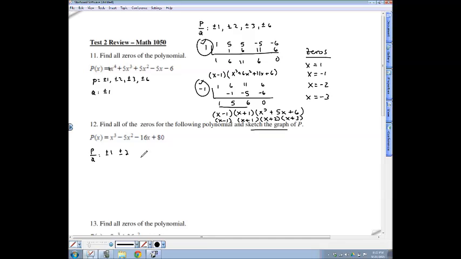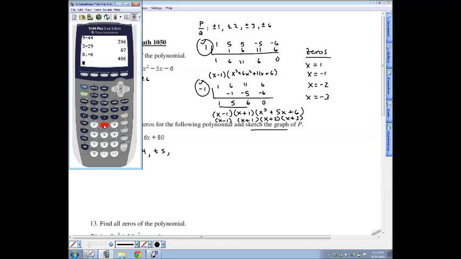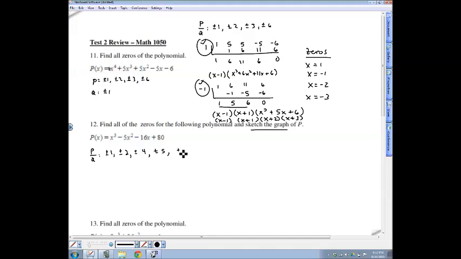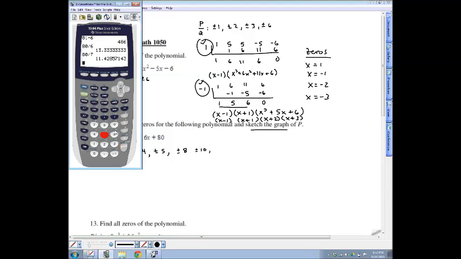We're going to have plus or minus 2. 3 doesn't go into 80. 4 goes into 80. 5 goes into 80. I don't believe 6 goes into 80. Or 7. 8 goes into 80. 5 goes into 80, I think 16 times.